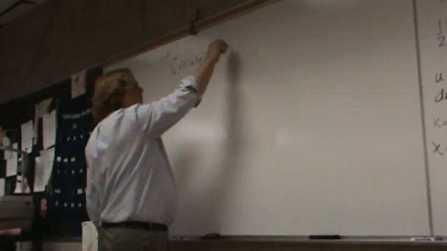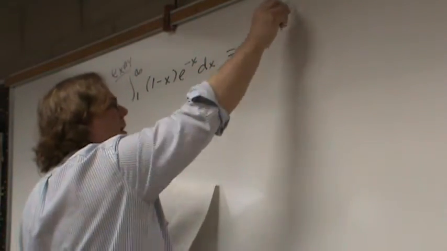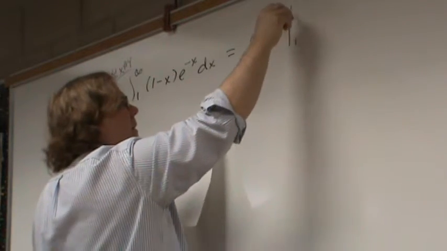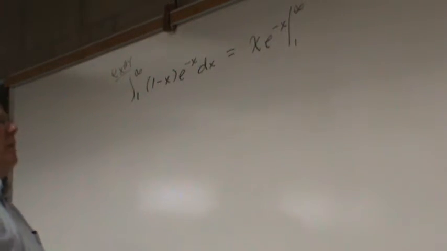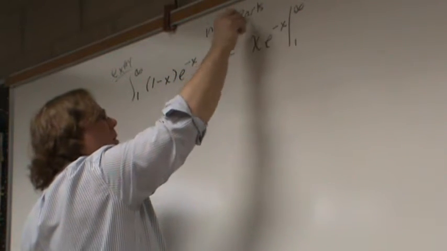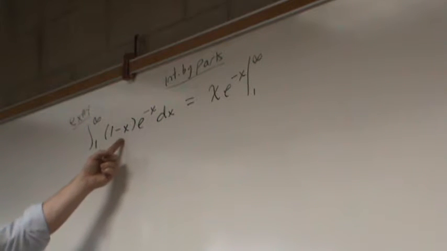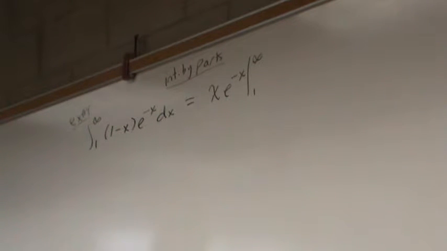And just believe me when I say that this ends up being x e to the negative x evaluated from 1 to infinity. Just believe me. I do integration by parts, where it turns out this is your dv and this is your u, and you end up with that, okay?